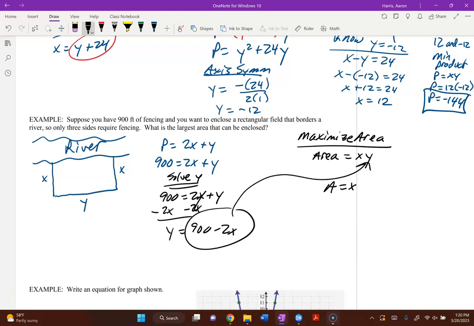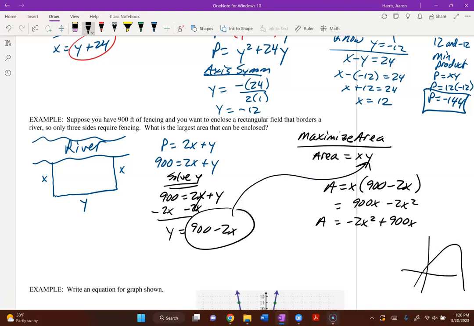So our area equals x times 900 minus 2x. That's our y. So we got 900x minus 2x squared. Let me write that: negative 2x squared plus 900x. All right, so here's our area. In other words, this is some quadratic that opens down, right?